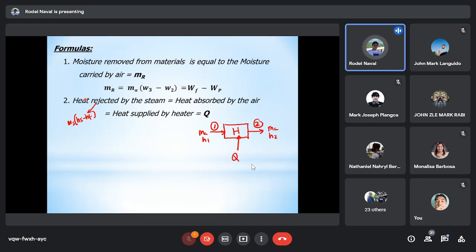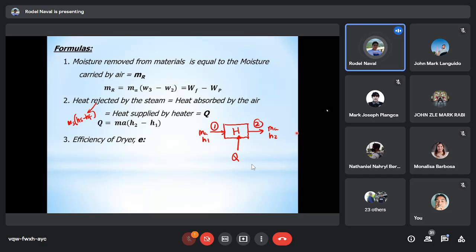So Q for the steam is Ms (Hs minus Hr). Then for the air, Q is Ma (H2 minus H1). Okay, no? The Q in class is for the heater, Ma, again, H2 minus H1. Or for the steam, Hs minus Hf.